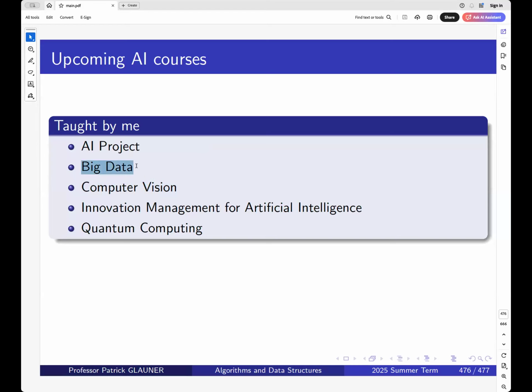I also teach the big data course. It's also in the 6th semester, but most likely I won't be teaching it any longer because I have too many courses, and we've just hired a new professor, and she will most likely be teaching big data as of next year. And in addition to these mandatory courses in the AI programs, I teach an elective on quantum computing.